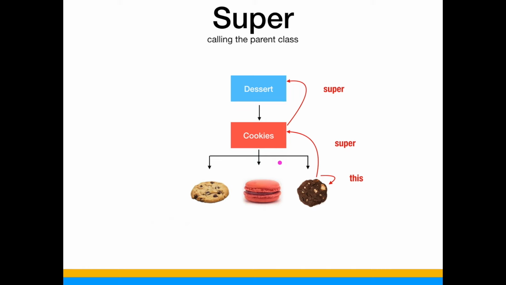As far as super goes, you can see that each instance has a pointer to itself by using the keyword this, and then we also have a pointer to the parent class, which is this Cookie guy here, and it's referenced by the keyword super, and the Cookie class has a pointer to its parent class, which is also referenced by the keyword super. Isn't this super?